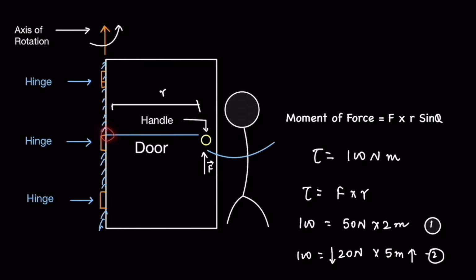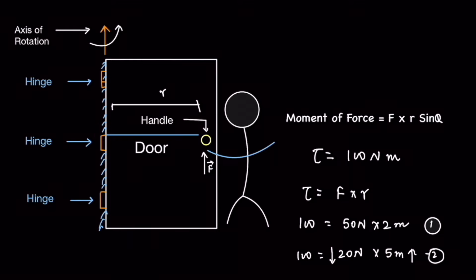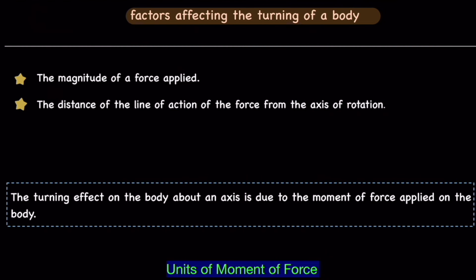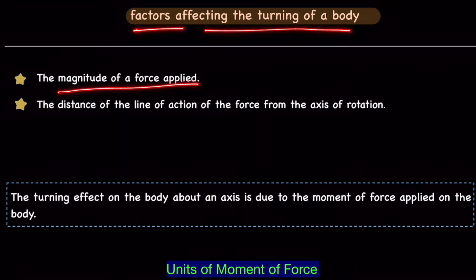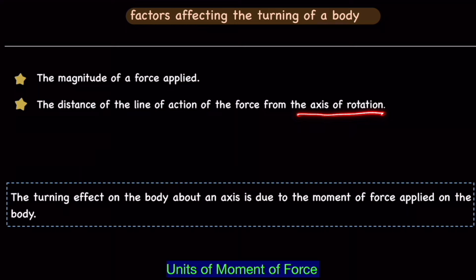That's why if you apply the force on the hinge, the door will never open, because the moment of force is 0 and moment of force is responsible for rotation. So now we can say that the factors affecting the turning of a body are the magnitude of the force applied and, second, the distance of the line of action of the force from the axis of rotation.